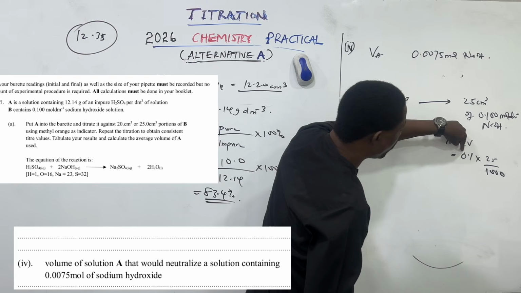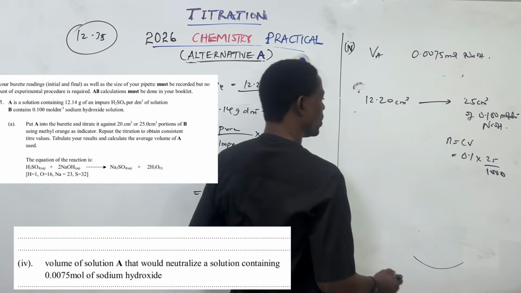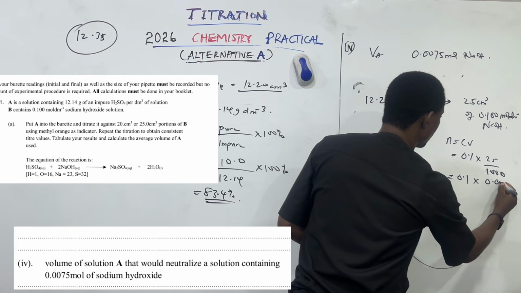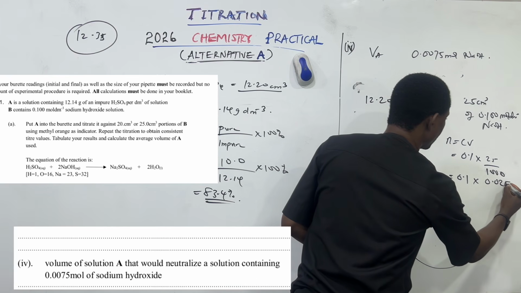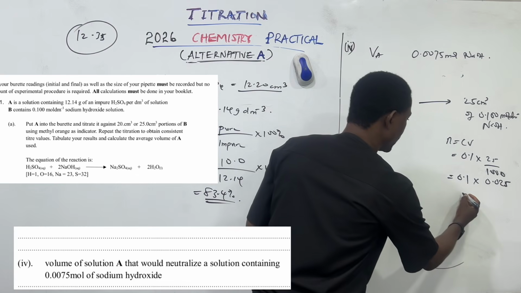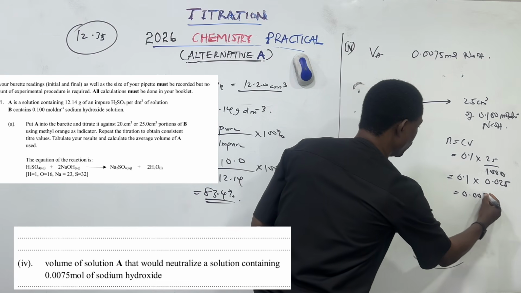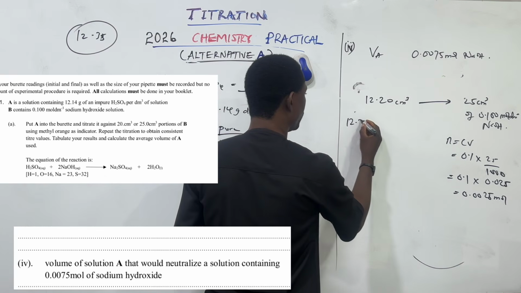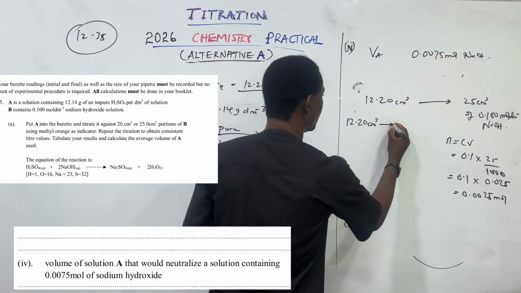So 0.1 mole per dm³ times 25 gives 2.5. I'm going to divide this by 1000, and by the time you do that, we're going to get 0.0025 mole. What it means is that 12.20 cm³ of the acid will neutralize 0.0025 mole of base.